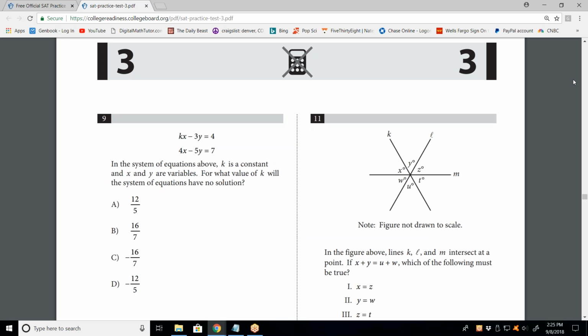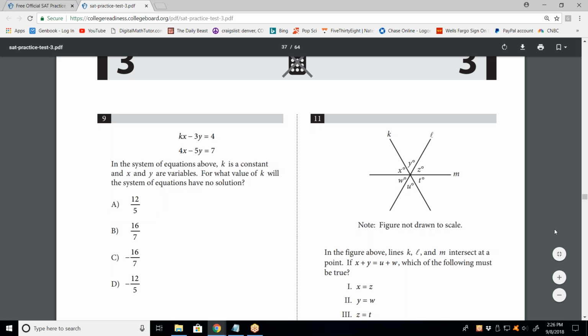First of all, the figure is not drawn to scale, meaning we cannot assume that x is equal to y is equal to z. They do tell us that x plus y is equal to u plus w.